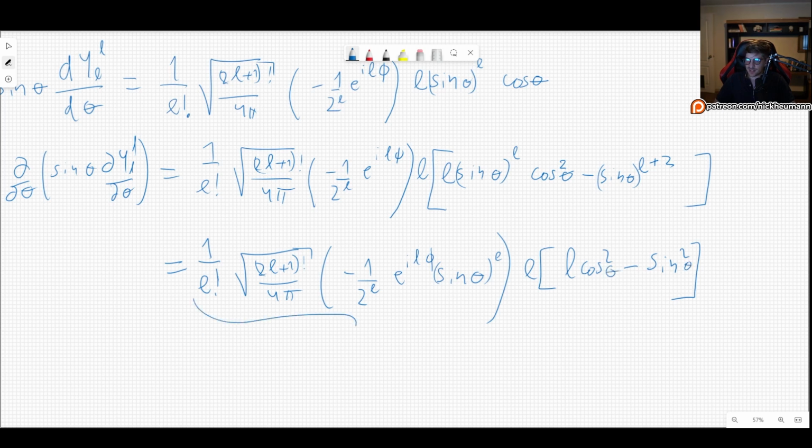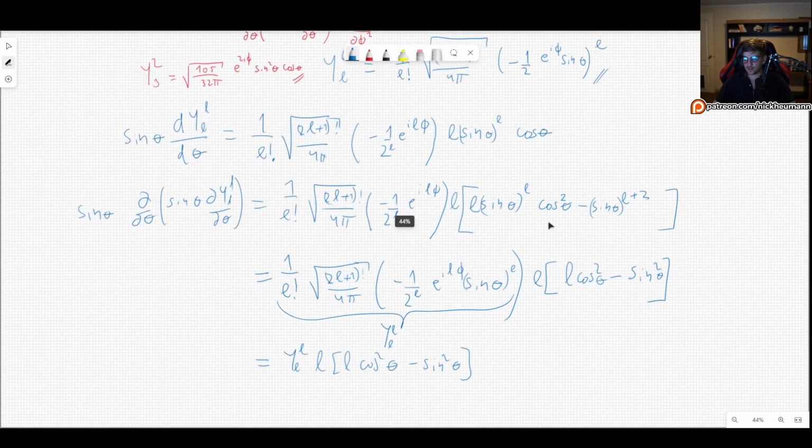And what is this thing right there? Well, that's simply Y_LL. It's exactly Y_LL. So in the end, this entire thing is simply Y_LL times L cosine squared of theta minus sine squared of theta. So that is what we get there.